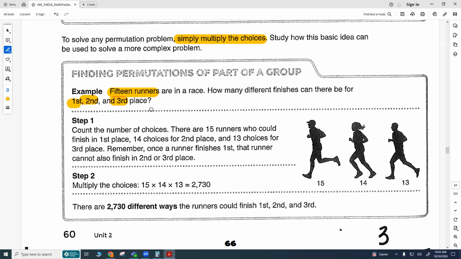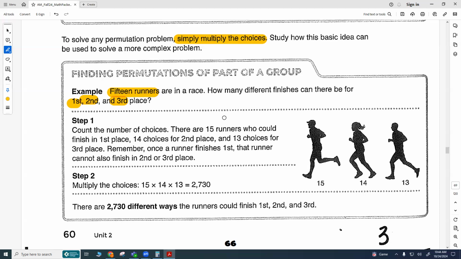Okay. But you have 15 total runners that could fill those 3 spaces in multiple different ways, right? So hopefully you guys are seeing how this is going to be kind of big numbers.